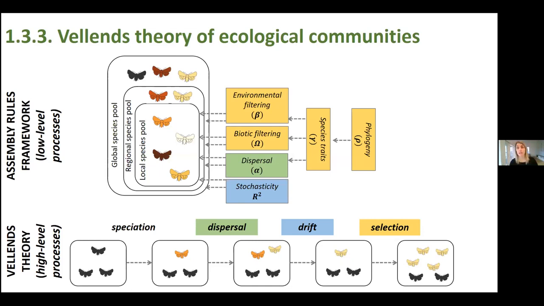So environmental filtering and biotic filtering relate to selection. Some species have higher fitness in some environmental conditions than in others, which is what environmental filtering is telling us about, and this would be a selection process. The biotic filtering is also a selection process.